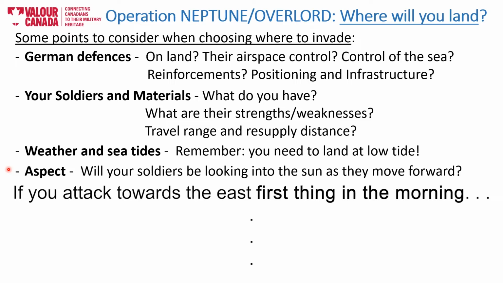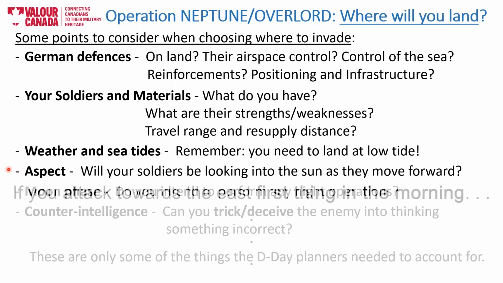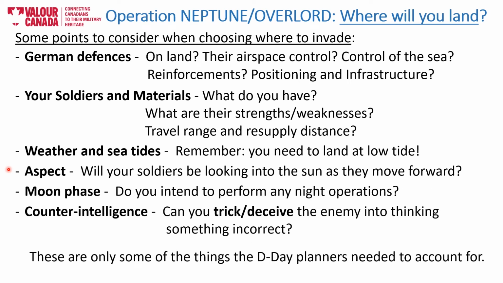Well, the answer is your enemy, because the sun's going to be behind them, which means that you are going to be looking directly into the sun, and it's going to give the enemy a huge advantage. So be mindful of that when you're choosing the time of day of your attack. And again, at noon or 1 o'clock in the early afternoon, the sun's going to be high in the sky, so it's not really going to be an advantage for anyone.